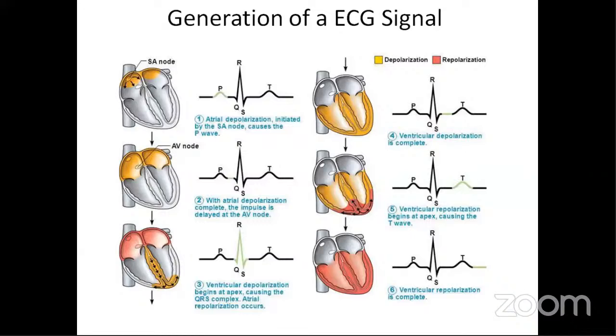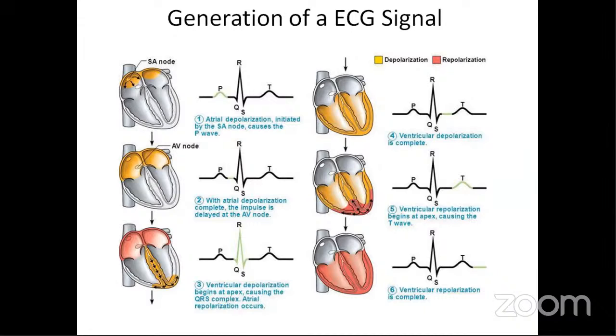The first picture shows the atrial depolarization that is initiated by the SA node, and that causes the P wave. So you know what an ECG is? Generally it is called the PQRST wave. So how is the PQRST wave generated inside the heart?